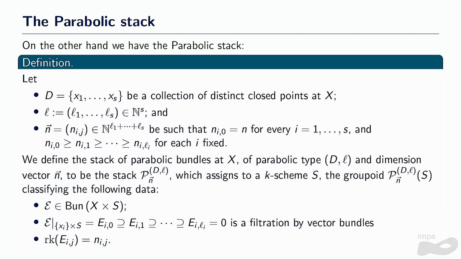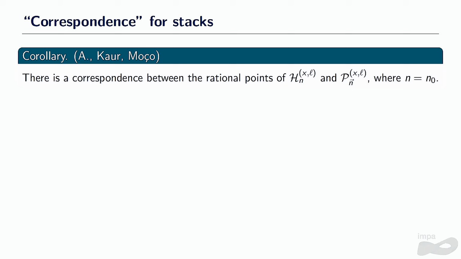So we're going back to a quasi-parabolic structure on the vector bundle, okay? Because of that, we have this corollary, which says that we have this correspondence between the sets of rational points in the Hecke stack and in the parabolic stack.